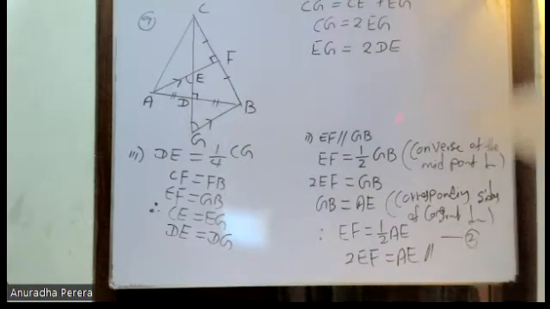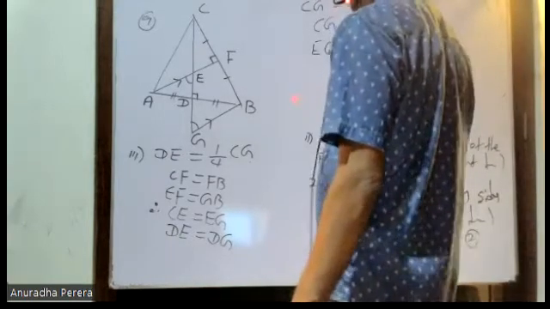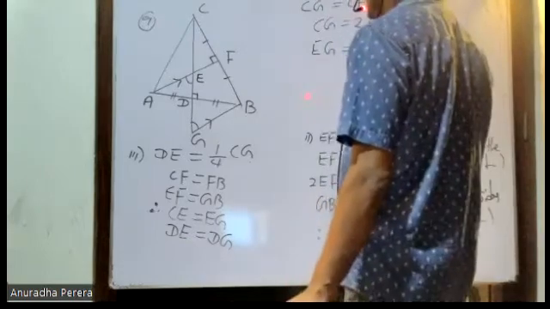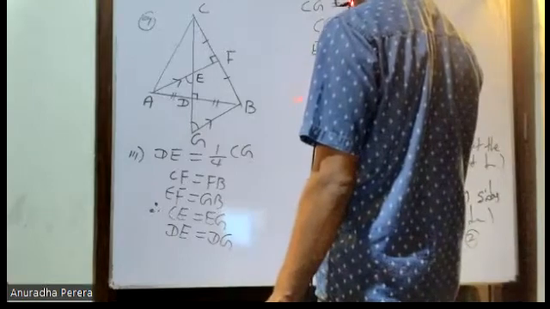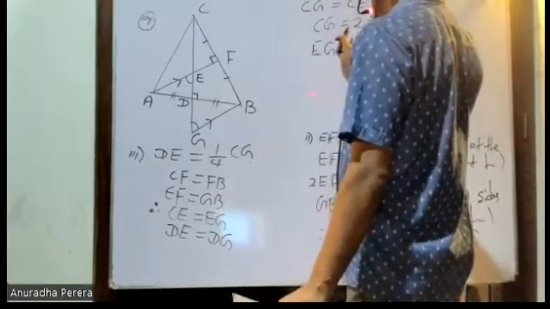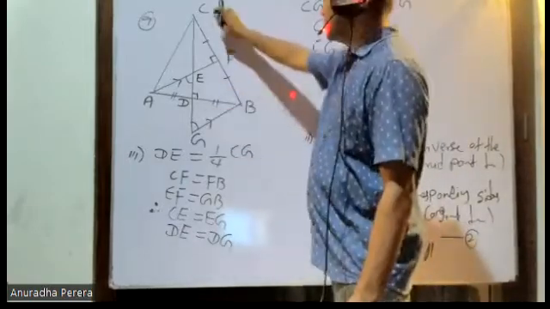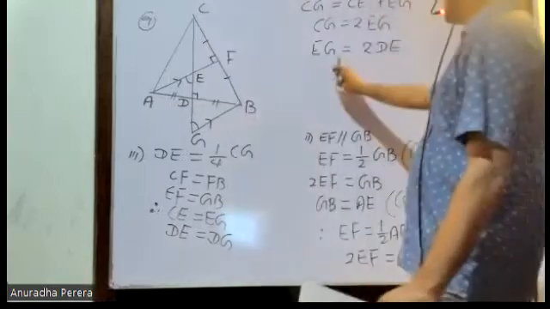CE plus EG. Then CG equals to EG. Yes, no problem about that. Now EG equals to DE.